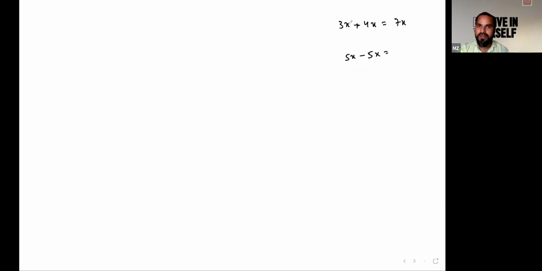Likewise, 3x and 4x would be just 3 plus 4, 7, and x remains the same. Similarly, while subtracting, 5 minus 5 would become 0, with the variable x. As 0 multiplied with any number equals 0, the total answer would be 0.